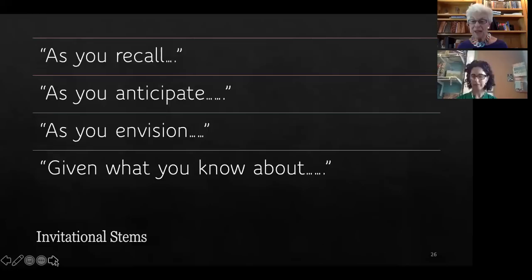When I ask you, as you recall, your reflection should have solidified to some extent the language in your head that says, here's what I did and here's what I learned from it. So it's all about thinking about this from a planning perspective, from a processing perspective, and from a reflecting perspective.